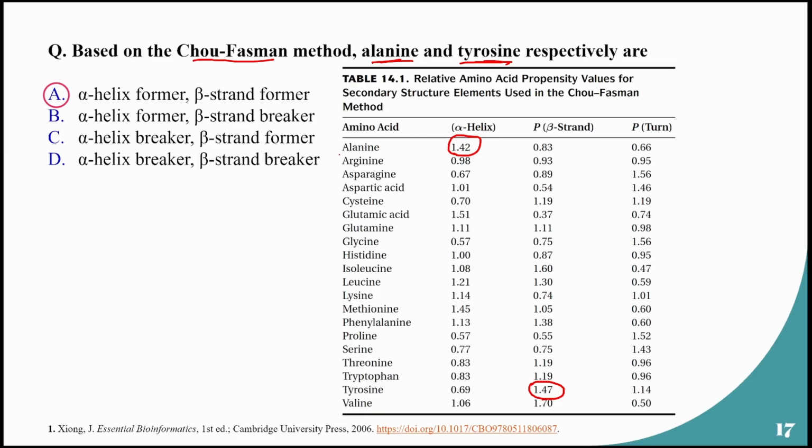So if I ask, for example, what would lysine be as a part of beta strand from this table, should it be a former or breaker?